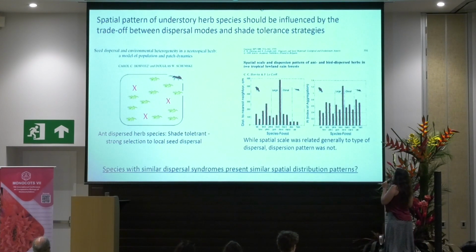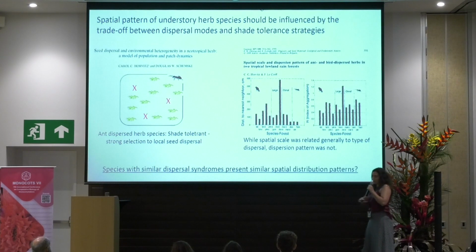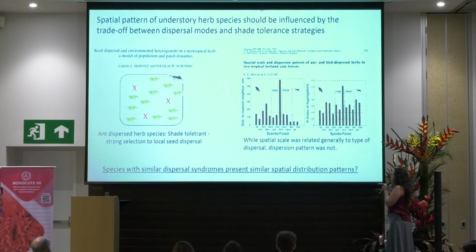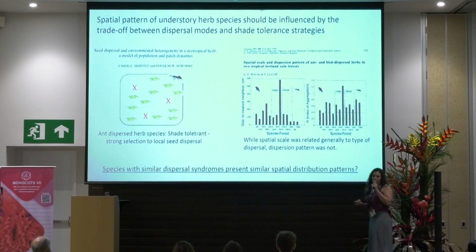And also the larger seeds and bird-dispersed ones are more spread and further than the others, and the ants are more aggregated. So species with similar seed dispersal syndromes present similar spatial distribution patterns in our systems as well.